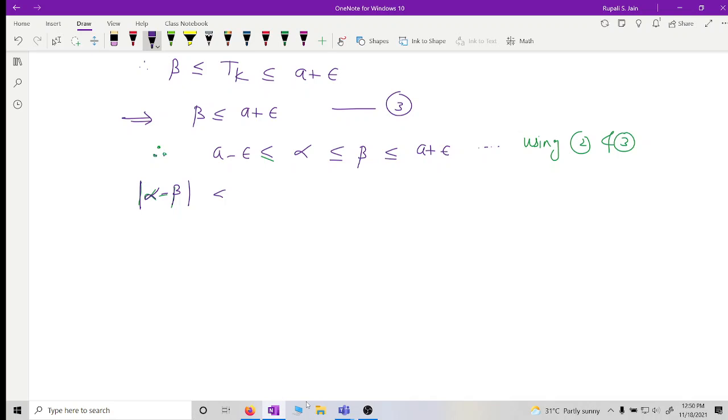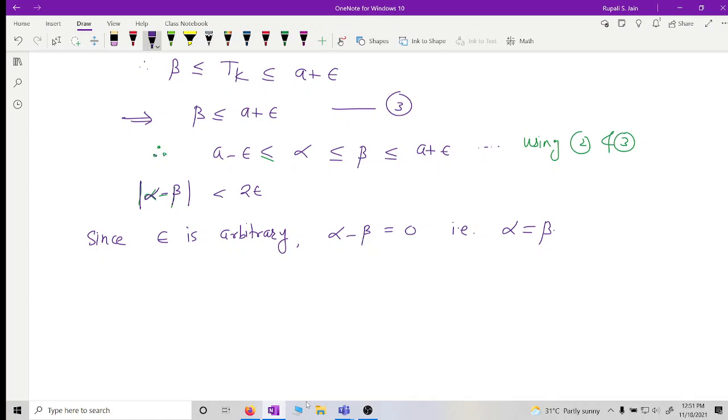Less than epsilon, 2 epsilon. And since epsilon is arbitrary, alpha must be equal to beta. Alpha minus beta must be 0. That is, alpha must be equal to beta. Is that right?